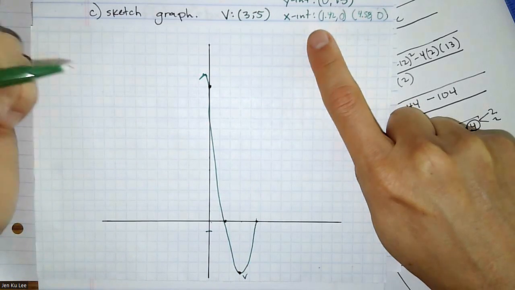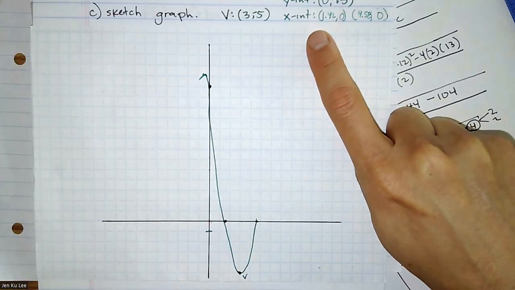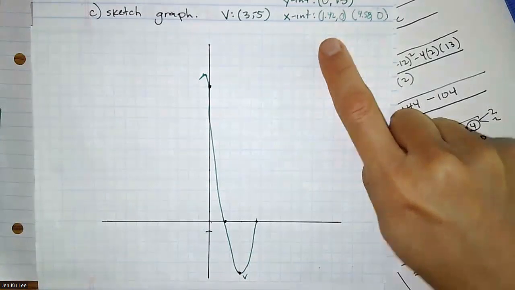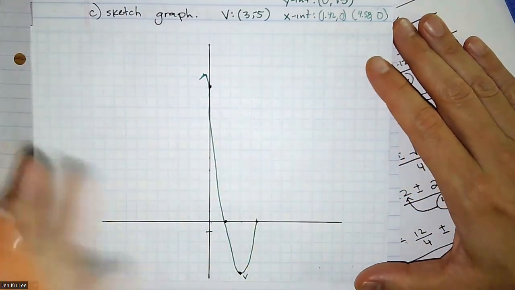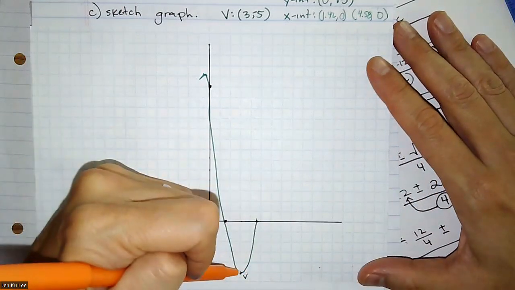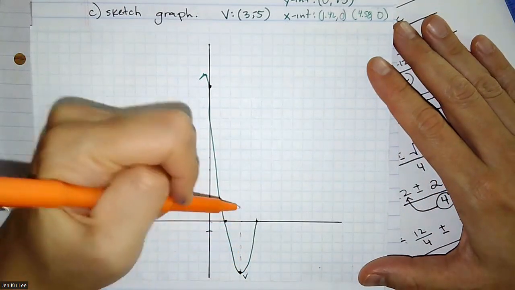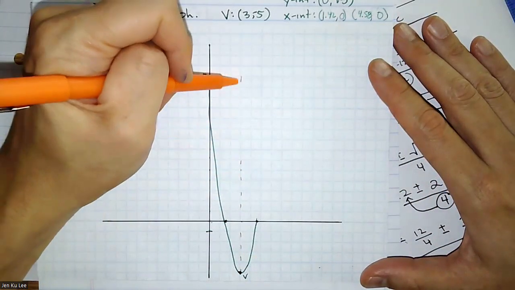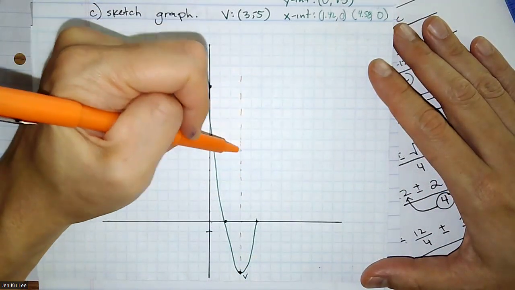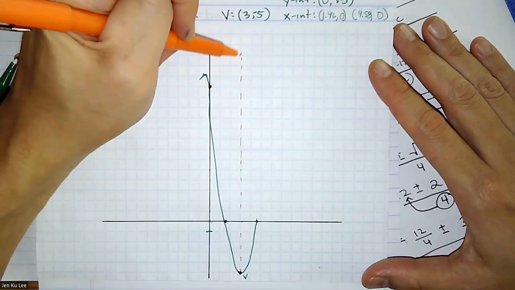As my parabola. Now you know that a parabola is kind of even on both sides from the vertex. So that's my mirror. This is actually a special line called the axis of symmetry. We're not going to talk about it right now.